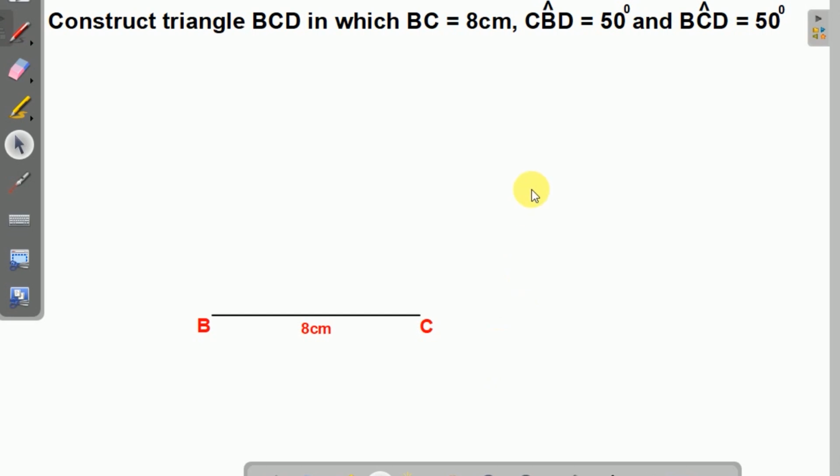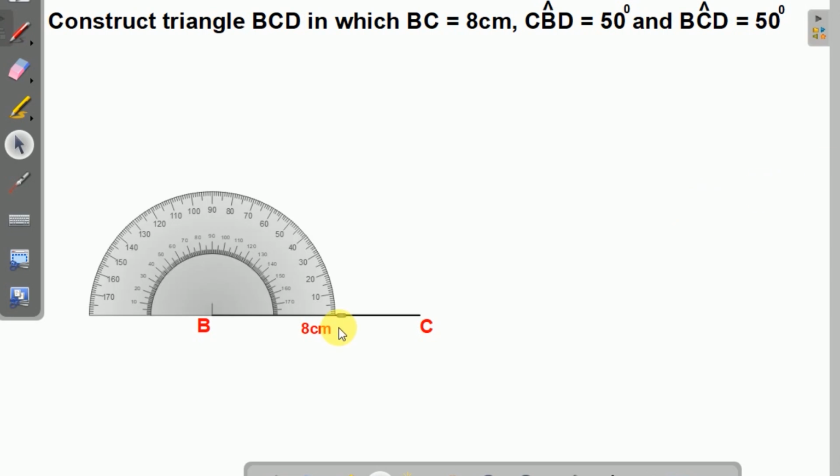Then the next thing we've been told, angle CBD is 50 degrees. So we know that our angle is at B. So we're going to get our protractor and measure 50 degrees. So we can count our 50 degrees. We know we have 10, 20, 30, 40, 50. So we have our 50 degrees there.